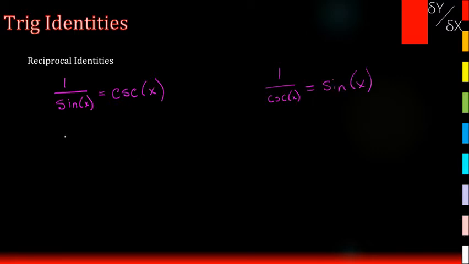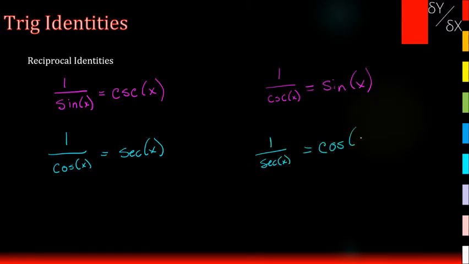We also have 1 over cosine of x, which is going to equal the secant of x. And on the flip side with that one, 1 over secant x equals cosine of x.